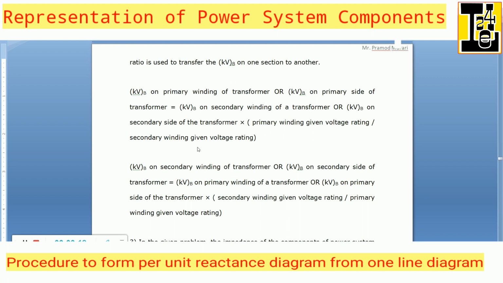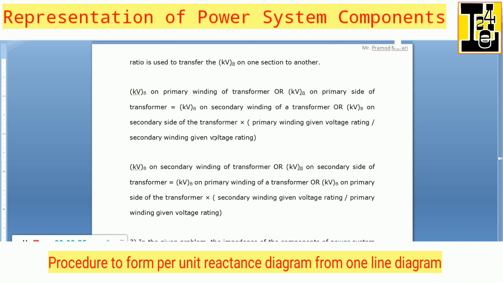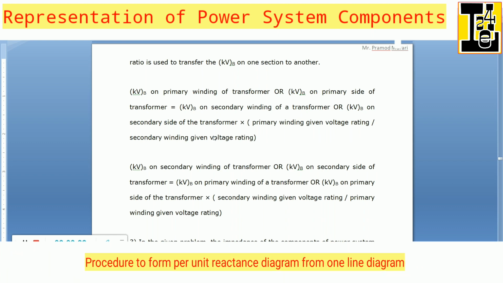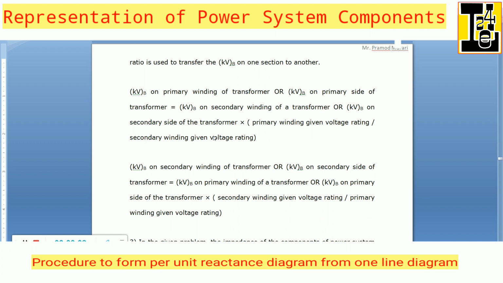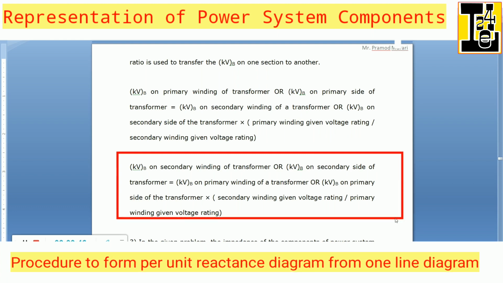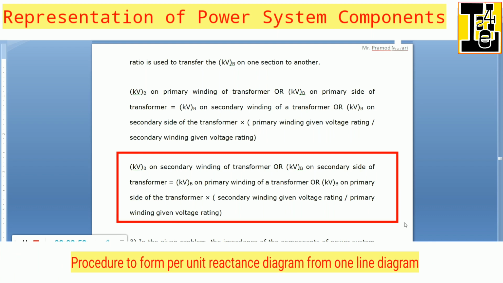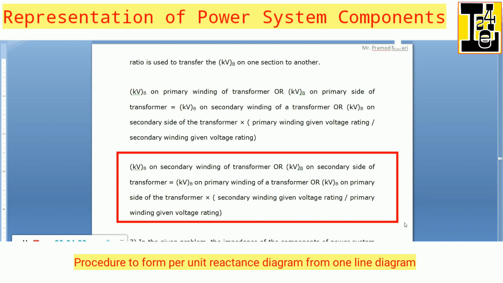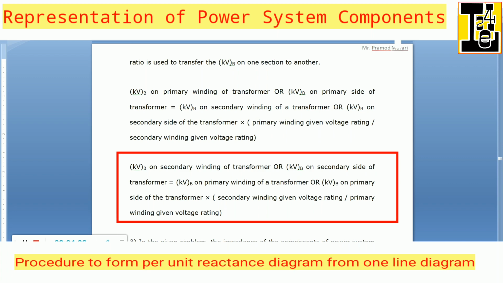kV base on the primary winding of a transformer, or kV base on the primary side of the transformer, is equal to kV base on the secondary winding of the transformer, or kV base on the secondary side, into the primary winding given voltage rating divided by the secondary winding given voltage rating. kV base on the secondary winding of the transformer is equal to kV base on the primary winding of the transformer into the secondary winding given voltage rating divided by the primary winding given voltage rating.